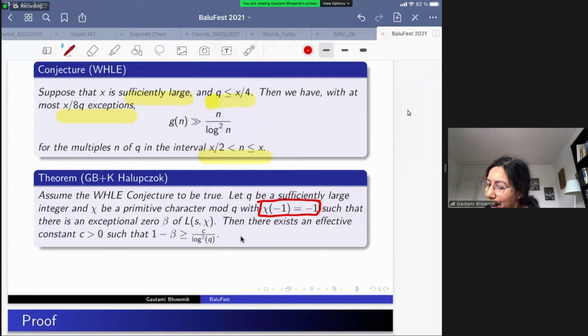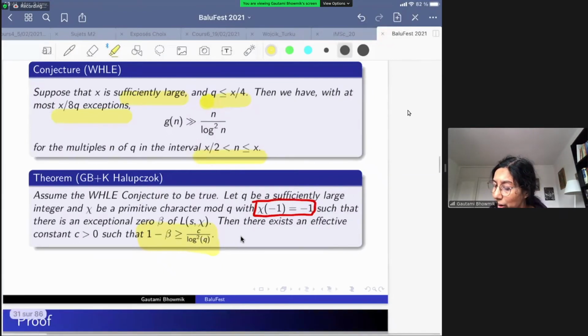And assume now that there is an exceptional 0 beta. Then we can show that 1 minus beta is greater than c by log square q, where c is some positive constant.